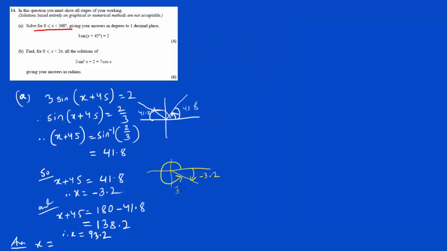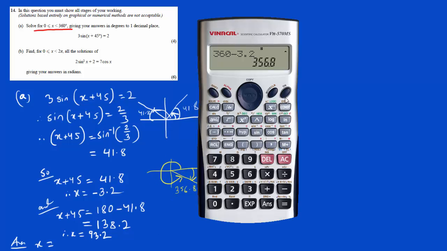So this angle would be 356.8. That means it is the same as minus 3.2, just the direction negative represented by clockwise direction, and the positive direction means anti-clockwise direction. Let me show you. If we do sine of 356.8, we get this value, minus 0.05.